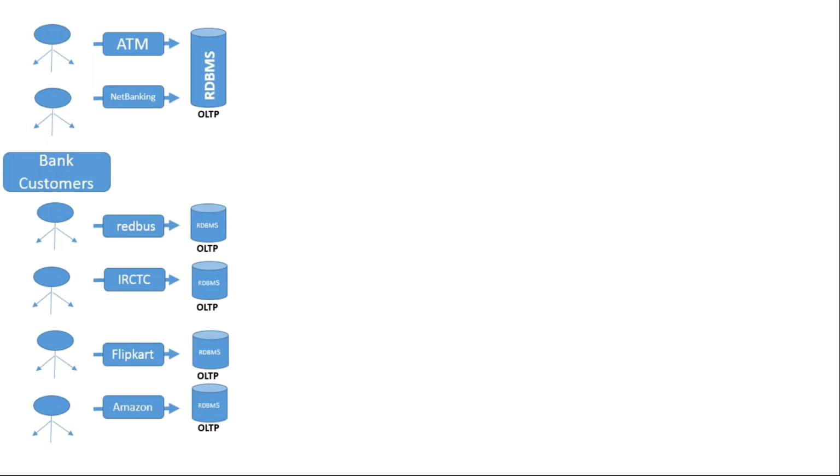So based on yesterday's information, I'm taking a decision today: route 1 is not in my favor, it is not saving my time, so I'll go with route 2. Like that, we do analysis in each and every situation in our daily life.